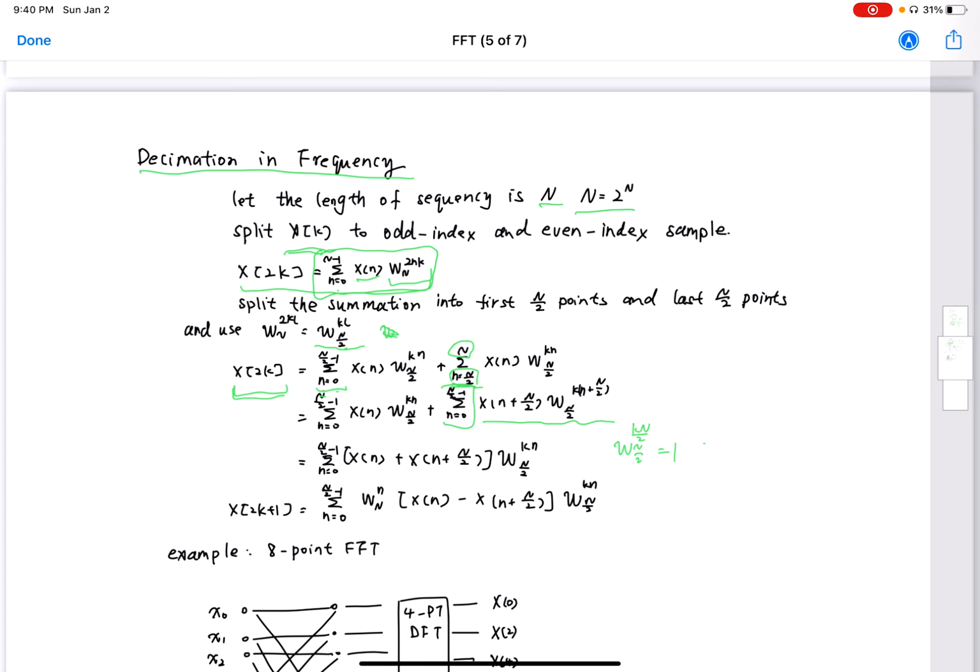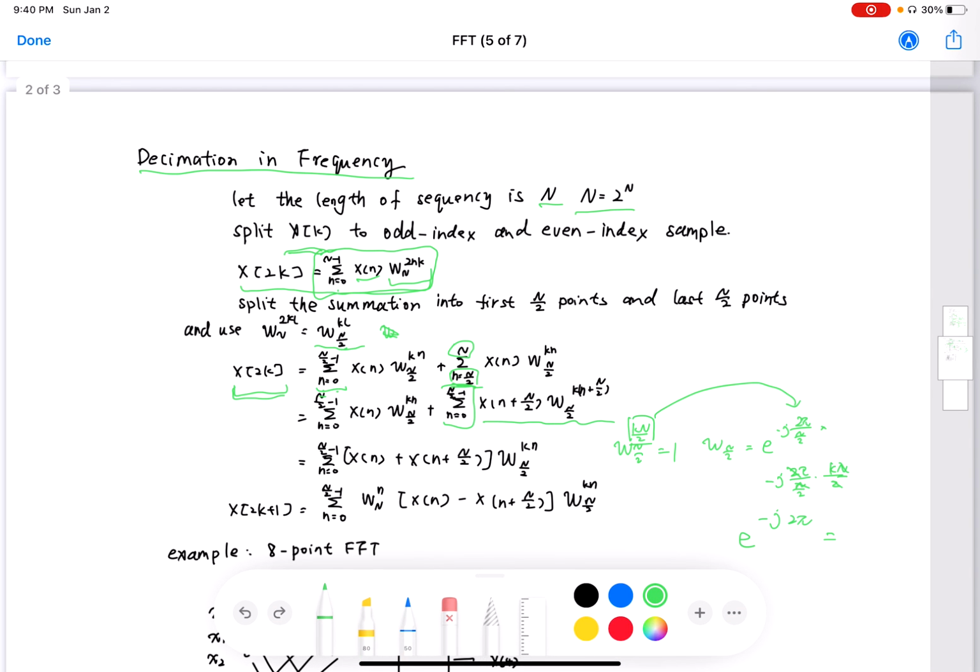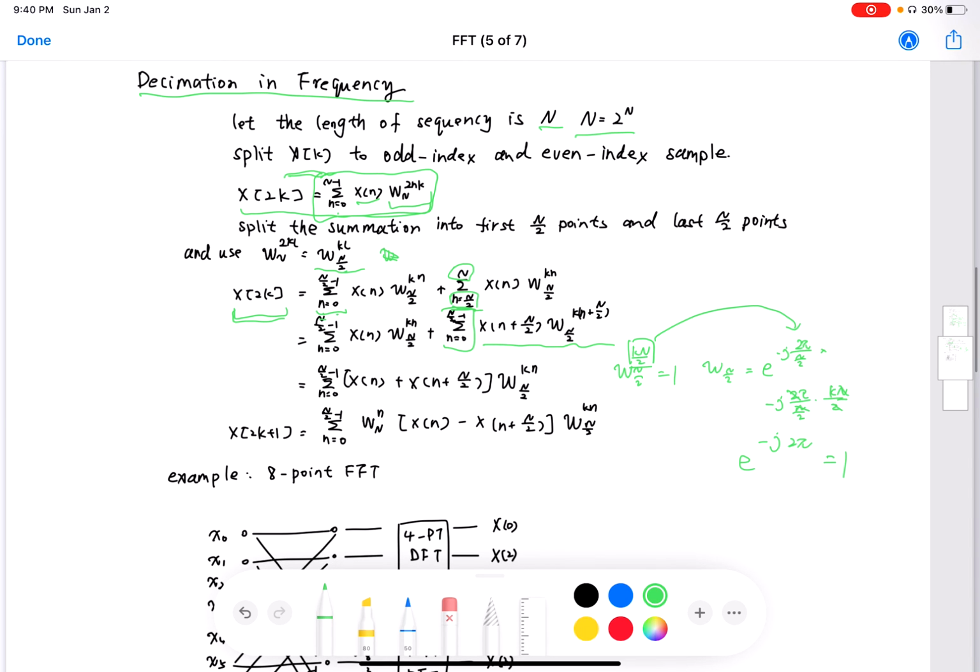This is because omega N over 2 is equal to e to the minus j 2 pi over N over 2, and if we multiply this out, we get e to the minus j 2 pi times k, and this equals 1.